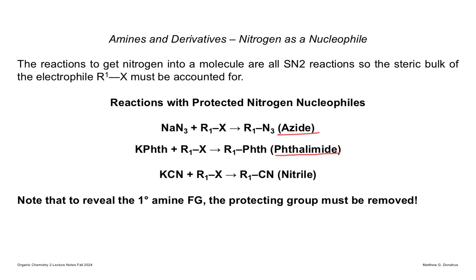And then with potassium cyanide, we end up with a nitrile. And basically what this is forcing us to do is now we have to deprotect the nitrogen. So there's another step that we have to do after if we want to reveal it to the amine.